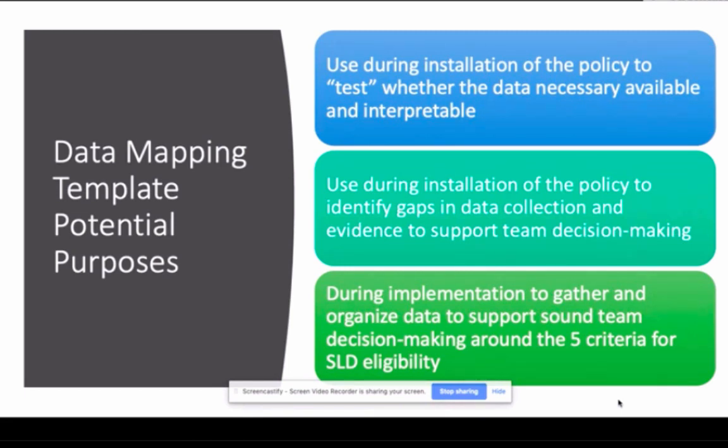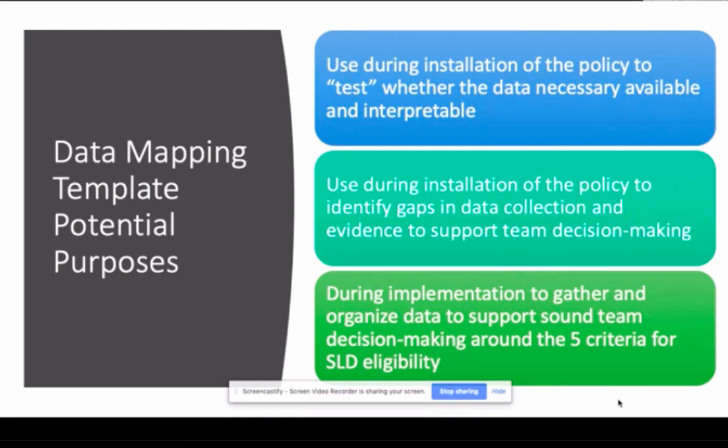The tool has several potential purposes, which include the following. The tool could be used during the installation phase to test whether the data necessary to establish each of the criteria is available and interpretable prior to broad implementation across the system.